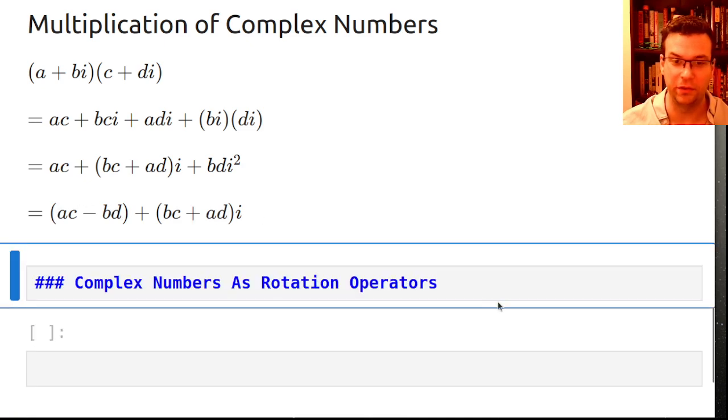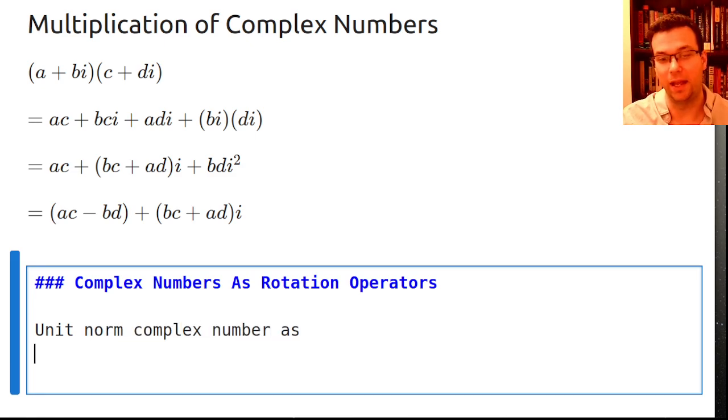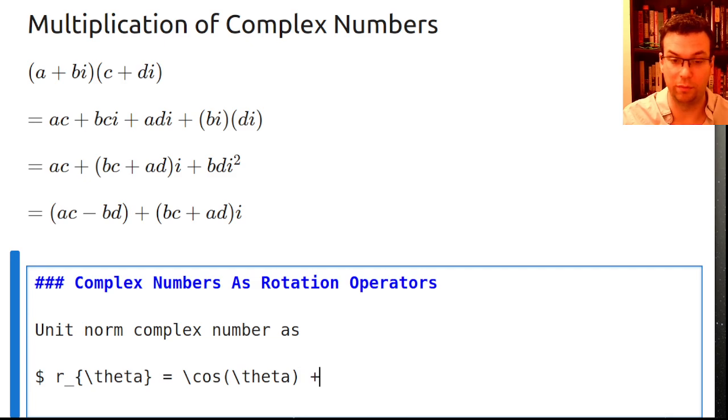Okay, now what I want to do is show you that this weird looking multiplication rule here actually has a really nice interpretation when we think about these as vectors, when we construct a very special kind of complex number. So let me construct a unit norm complex number, and I'll call it r theta, and I'm going to set that equal to cosine of theta, so that's the real component, plus i times sine of theta.